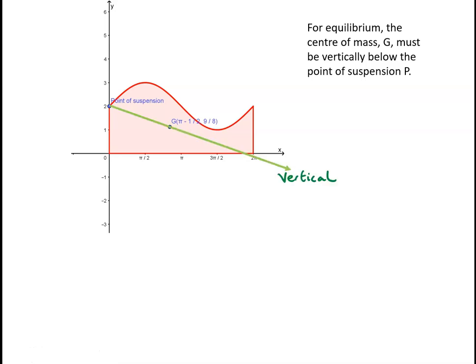We want the angle which the line joining the origin to the point 2 pi, 0 is making with the vertical, which is the angle alpha, which is the same as the angle at the point of suspension made by the vertical and a line parallel to the x-axis.